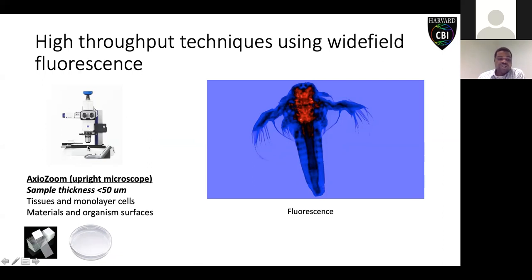You load your sample onto the stage. It could be a dish, a slide, or if you don't even have a holder for it, you can put the object right on the stage. And then using the optical zooming, you can zoom in and capture, again, both fluorescence and bright field. Okay.